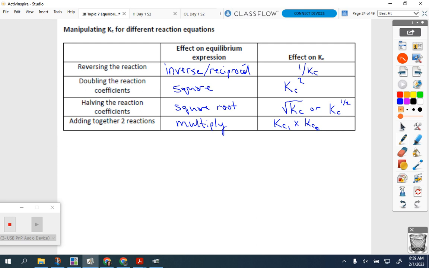Think about something like cellular respiration. We write it as one equation, glucose plus oxygen gives us carbon dioxide plus water, but that's not how it actually happens. It's not a combustion reaction happening in our bodies. It's a whole chain of complicated reactions that ends up being equivalent to a combustion reaction, but is a lot more complicated.